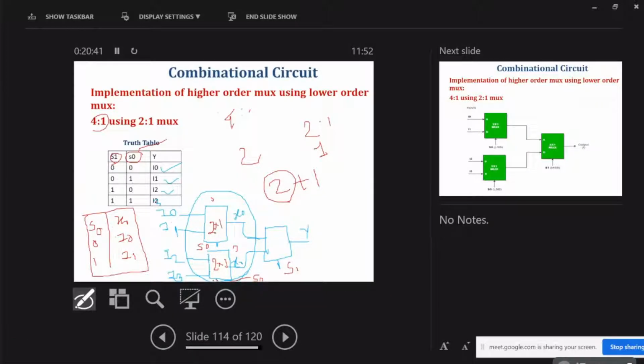Next, for the second mux, x1 will be i2 for 0 and i3 for 1.